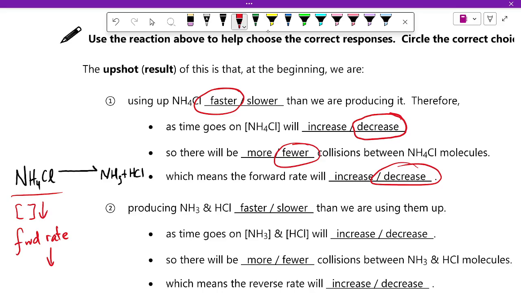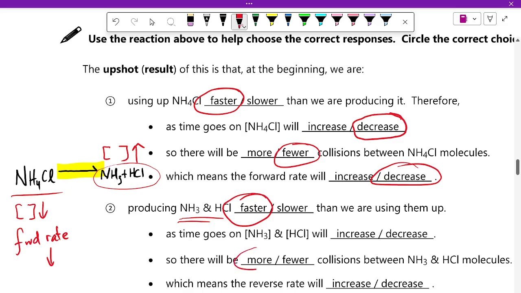Okay, so with our arrow only going forward, we are producing NH3 and HCl faster or slower than we are using them up? Faster. So as time goes on, what will happen to the concentrations of these guys? If we are making them faster than we are using them up, their concentrations will increase. So will there be more or fewer collisions between these particles?